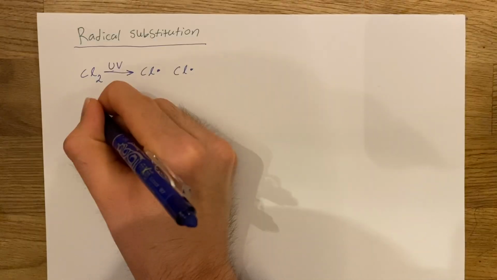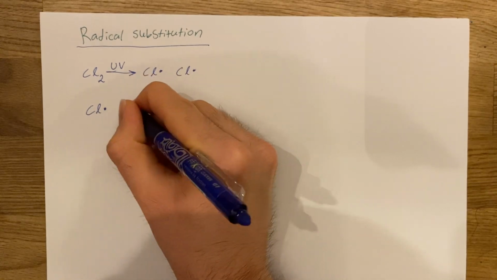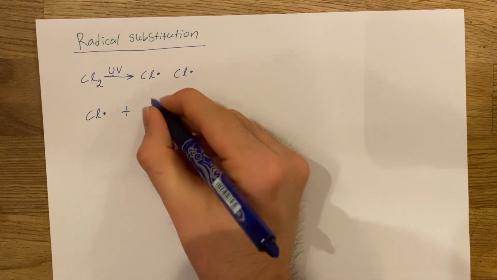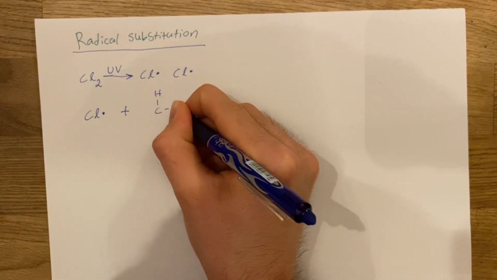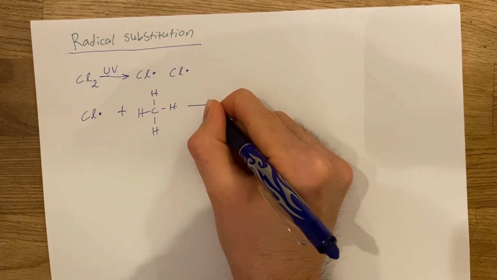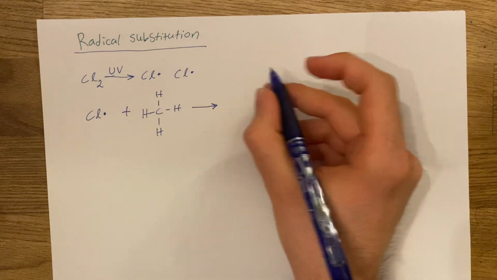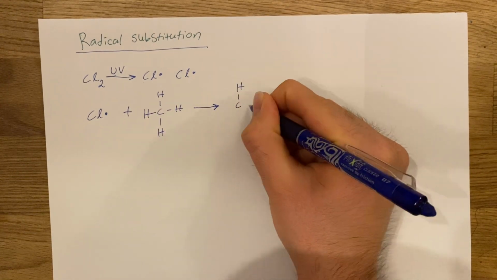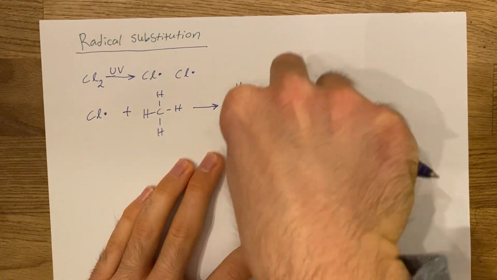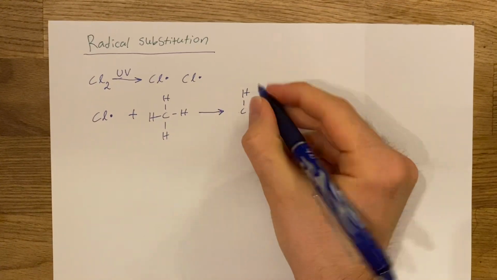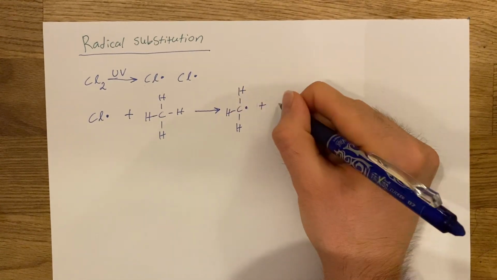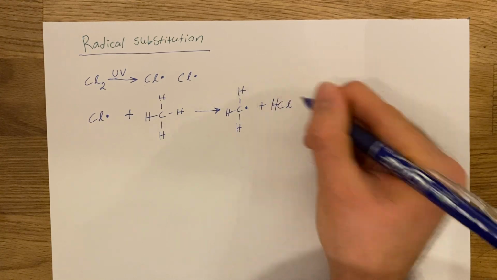These radicals could then further react with, let's say, some sort of alkane like methane, which then would give you a methyl radical as well as hydrogen chloride.